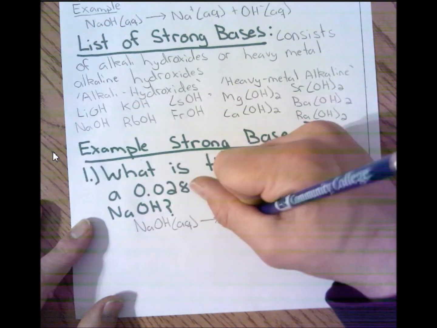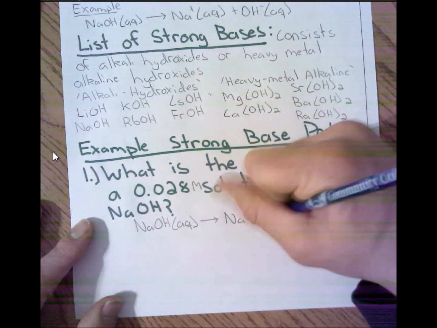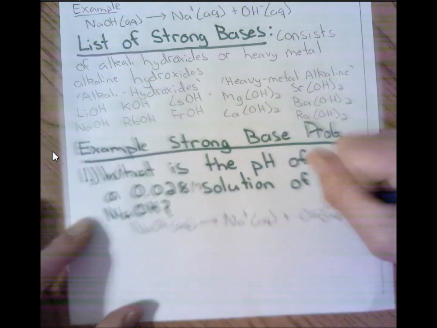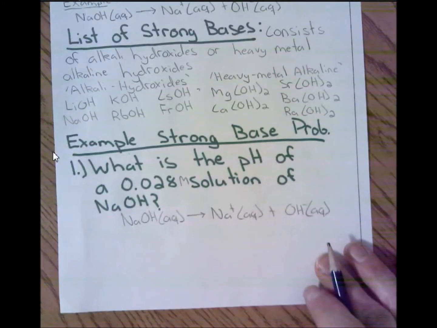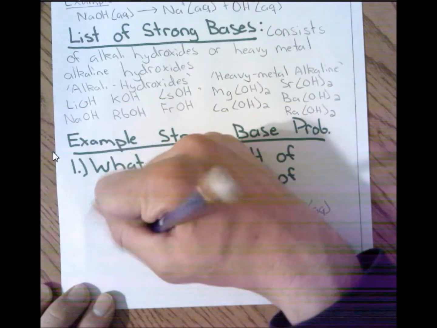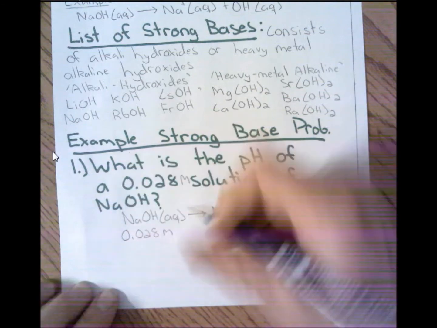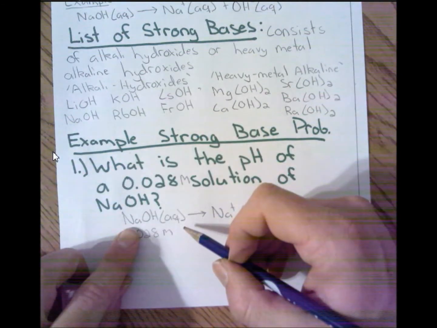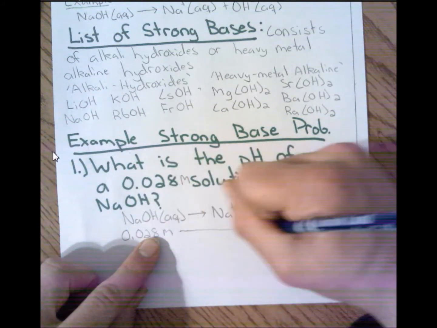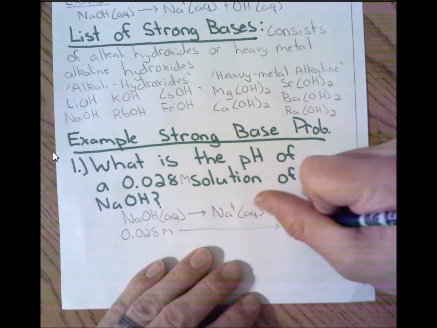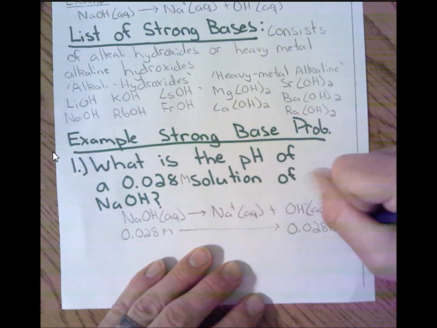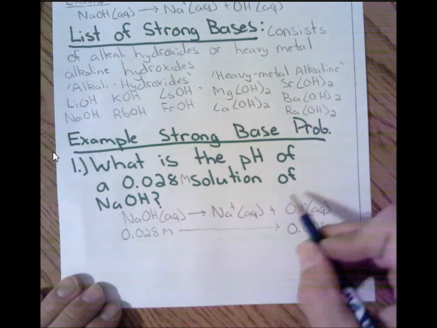All right, so now what we have going on is this. Again, we have a 0.028 molar solution of NaOH. This stuff right here breaks down completely. So what that means is that under our OH column here, we have 0.028 molar of OH. Well, if we know our concentration of OH, we can find the pOH, which is the negative log of the concentration of OH minus.